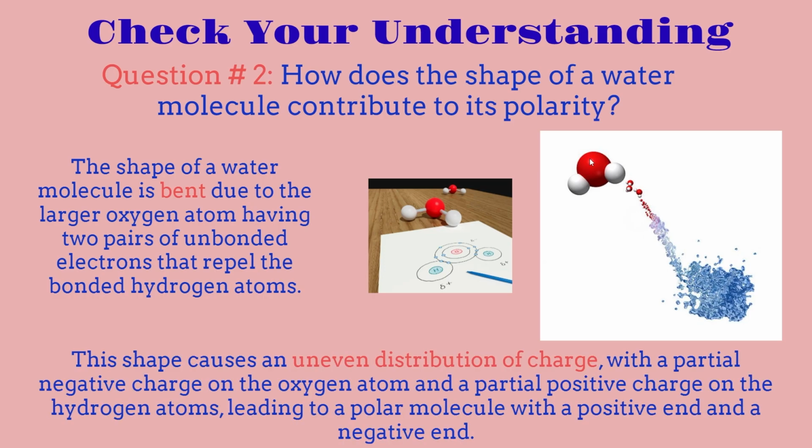This shape causes an uneven distribution of charge, with a partial negative charge on the oxygen atom and a partial positive charge on the hydrogen atoms, leading to a polar molecule with a positive end and also a negative end. So because of this bent shape, the oxygen atom has a more negative charge and the hydrogen atoms have a positive charge.